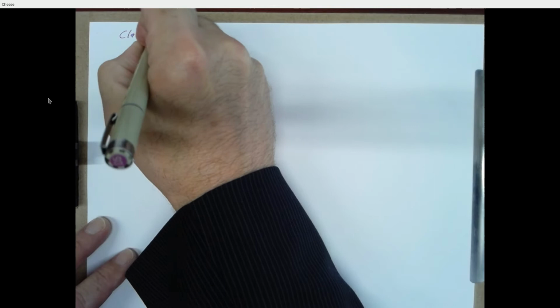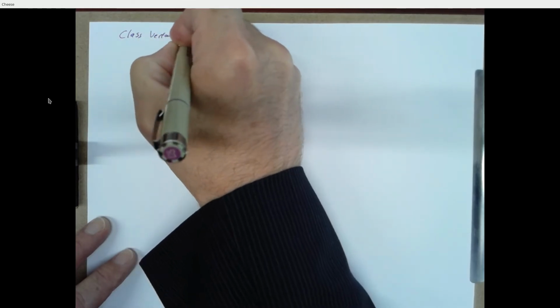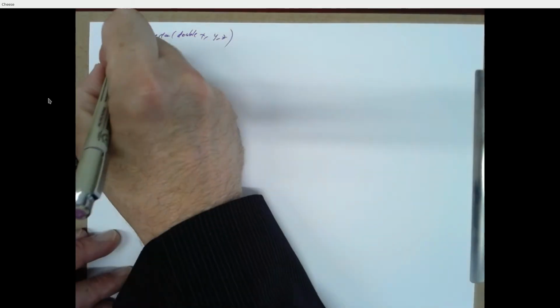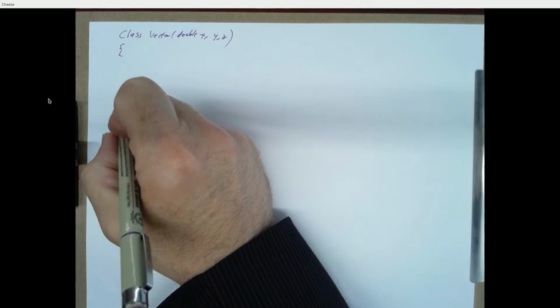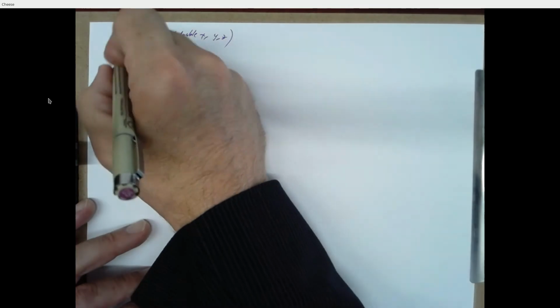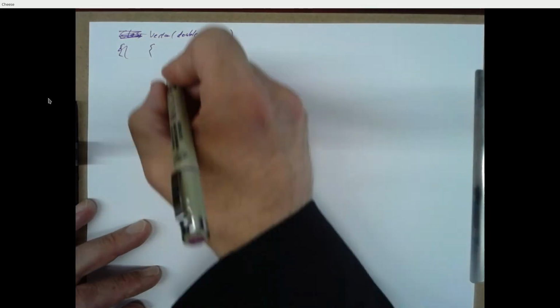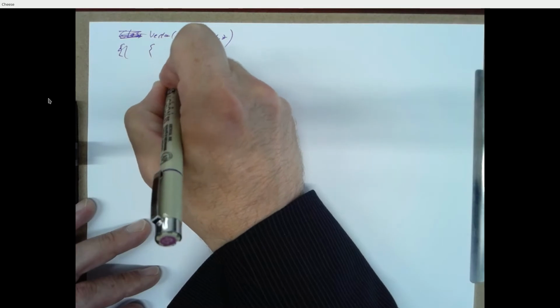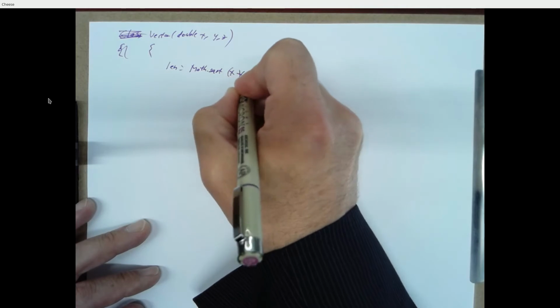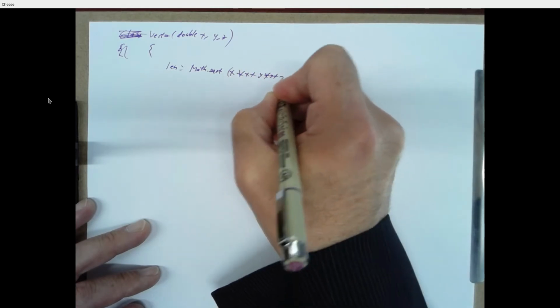One thing that I saw in some cases was something like this. Class Vector, double x, double y, double z. Set up the fields in the class itself, and this is your constructor. But inside the constructor, I saw this: length equals Math.sqrt of x times x plus y times y plus z times z.